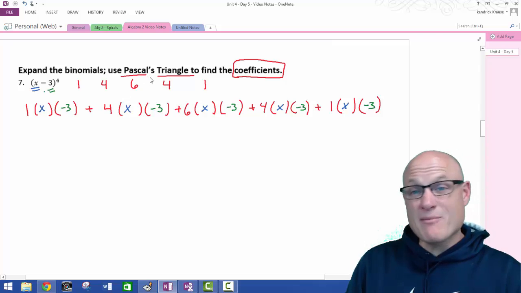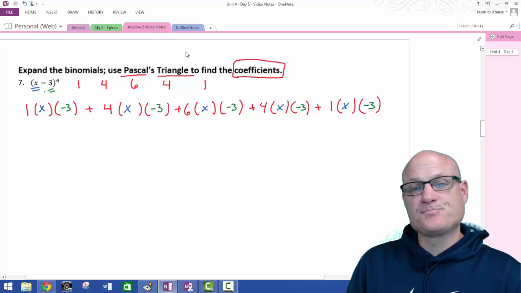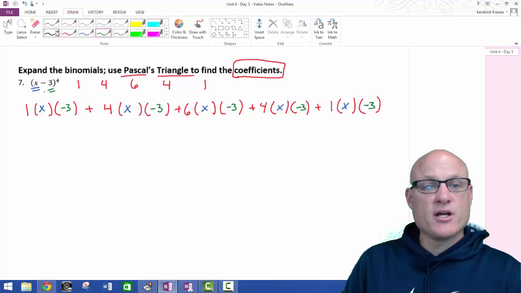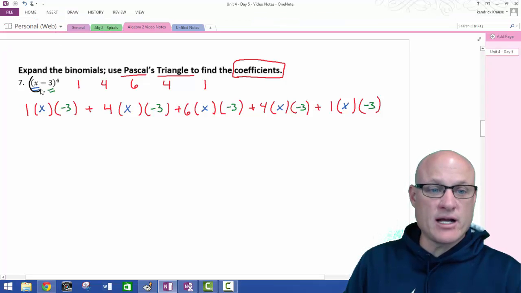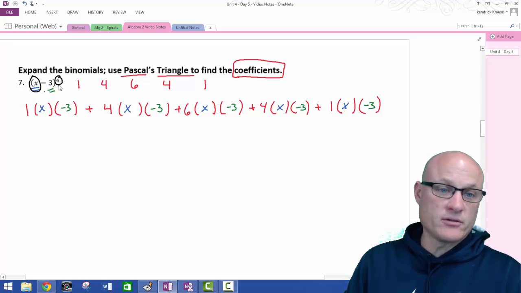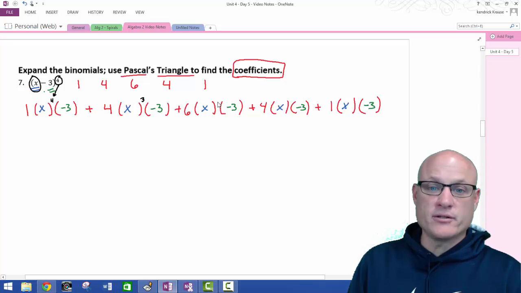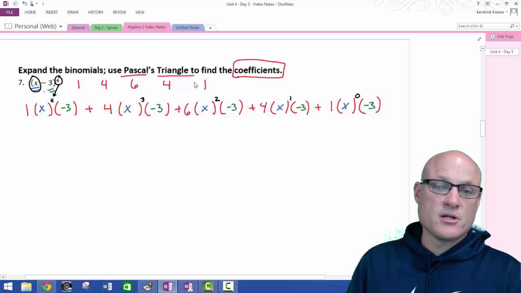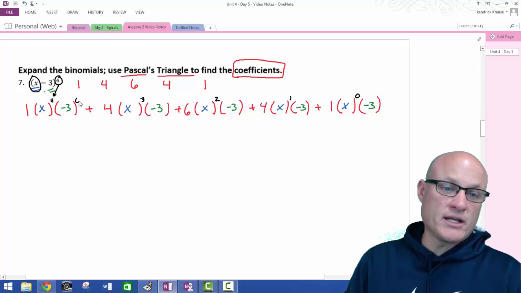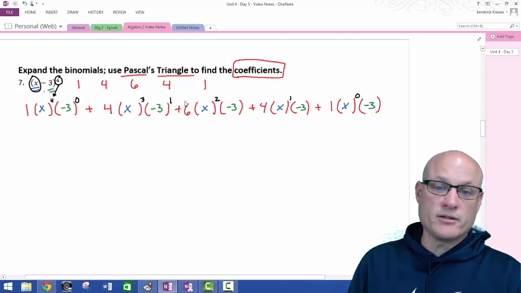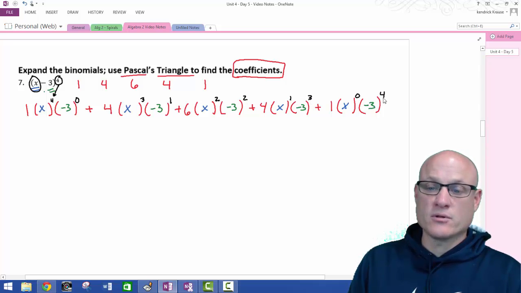Now, if you remember correctly with the exponents, the first one started high and finished low. So we start with 4 and go down: 3, 2, 1, 0. The other one starts low at 0 and goes up: 1, 2, 3, 4.